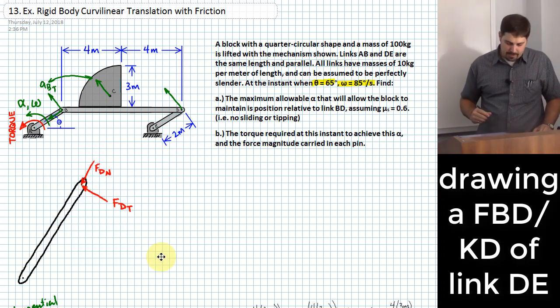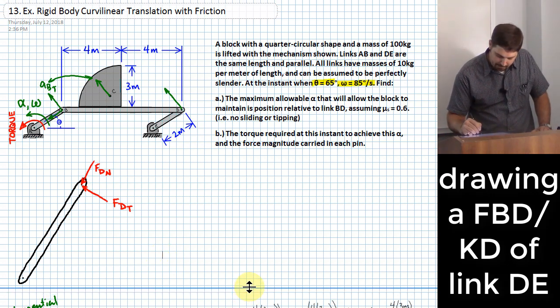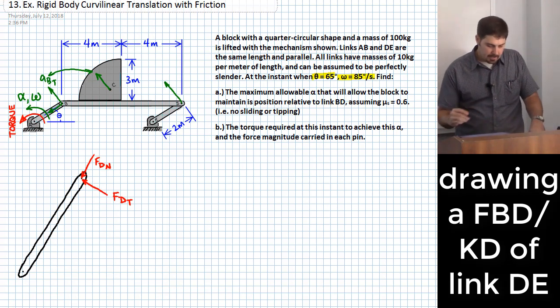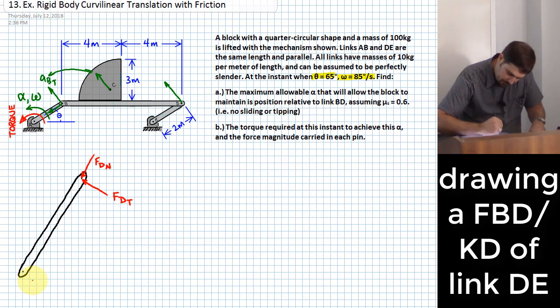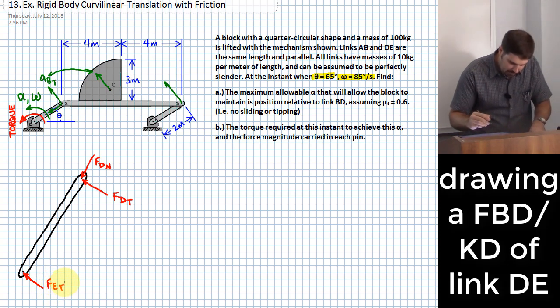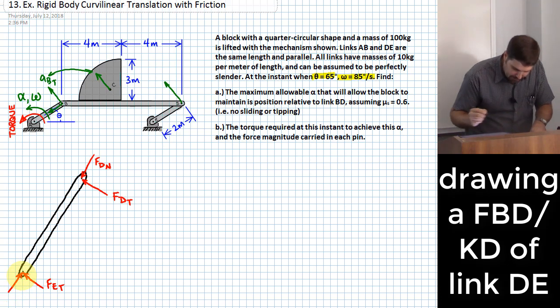So far, so good. Let me do that same kind of strategy for the pin at the bottom. Let me call this force right here FET. And let me show another force that acts up along here, and I'll call that one FEN.